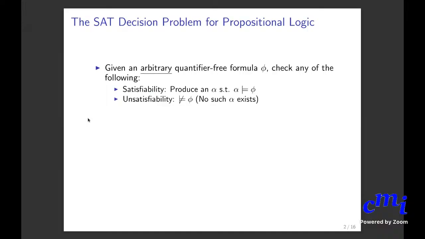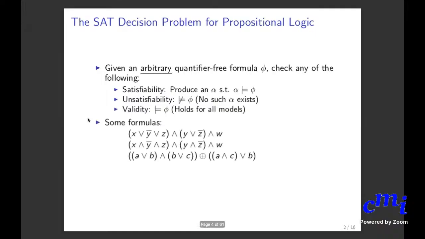Unsatisfiability: check if there's no assignment to the variables that can satisfy the formula. Or validity, which holds for all models. The important thing is that the propositional formula can contain any Boolean proposition, any Boolean function in it.